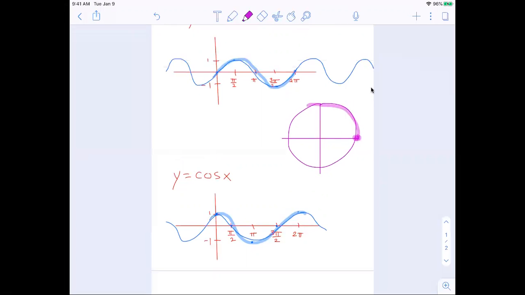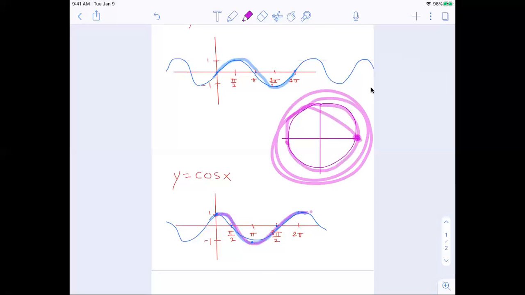Then your x's are negative, and they get to -1. That part is indicating this part of the graph. Then your x's start getting bigger and bigger back to 0, and then they go to +1. So they started at 1, went down to -1, then they went back to +1, and then it would repeat, repeat, repeat as we go around in circles. That's going to make another wave, another wave, another wave.